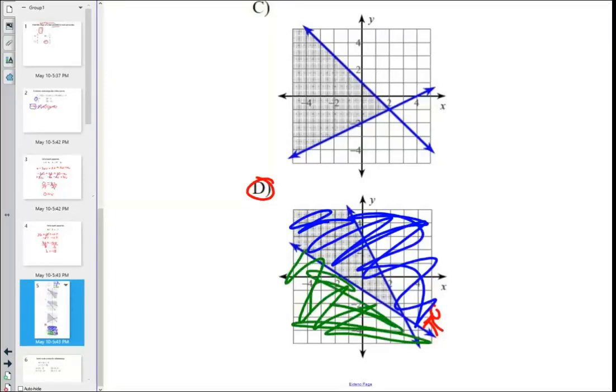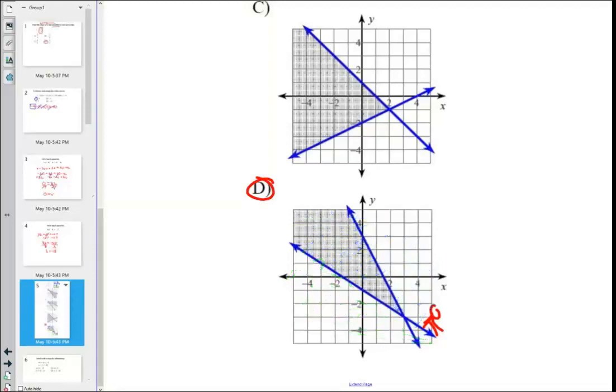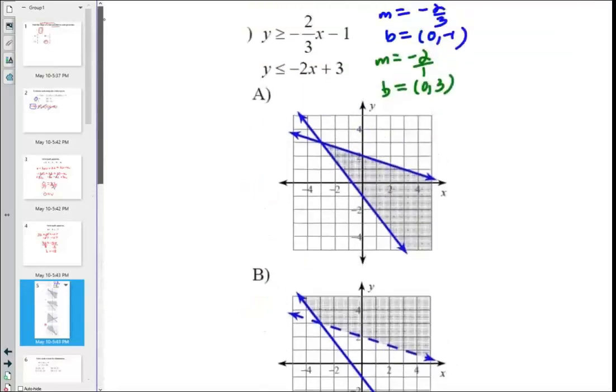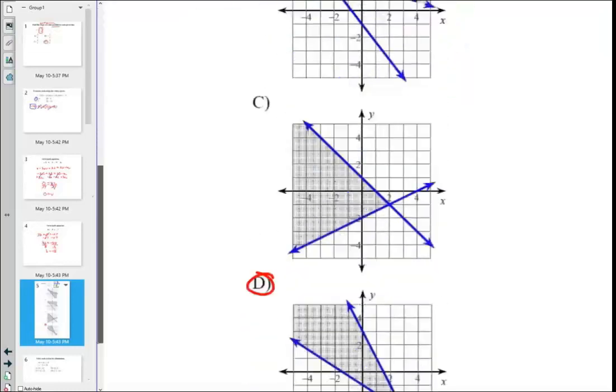So on an inequality, since y is the variable by itself, if the mouth is eating the y, you shade the sky. If not, you shade the hill, the ground. So the first hill that Ferris is going to climb up is this first inequality that was up here. Is the mouth eating a y there? So mouth eating y is big, you would shade the sky.